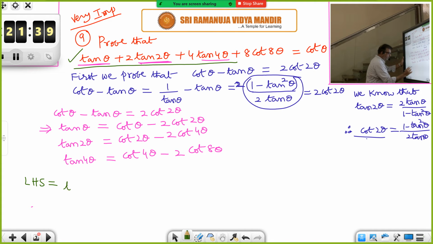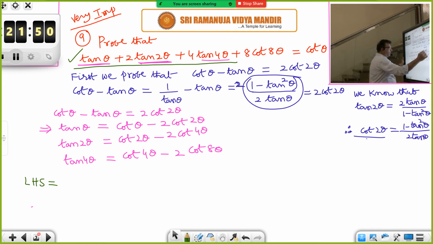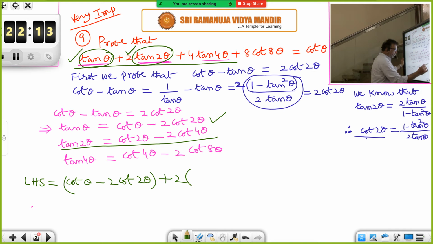So tan theta, what will we write? First formula. In place of this tan theta on the left hand side, we write cot theta minus 2 cot 2 theta. Plus 2 into tan 2 theta, which is cot 2 theta minus 2 into cot 4 theta.